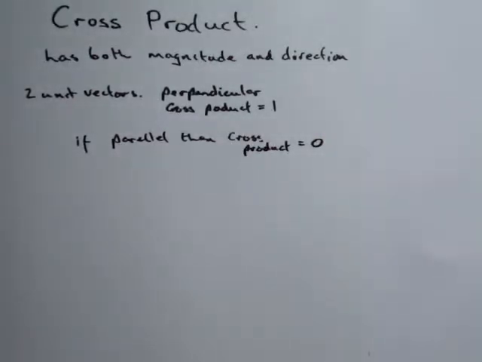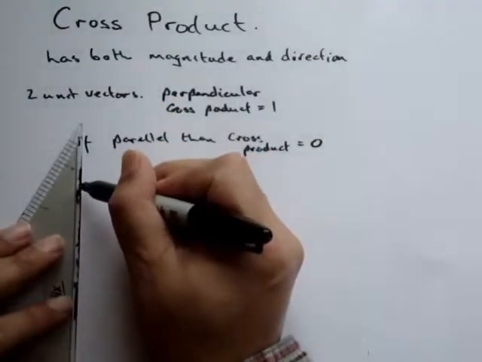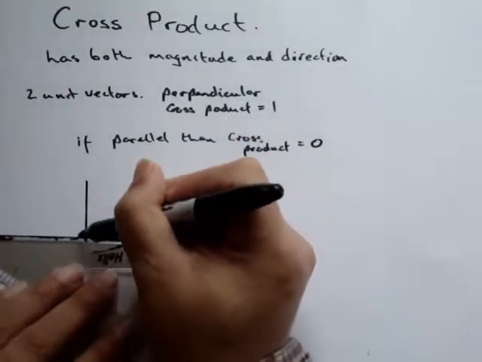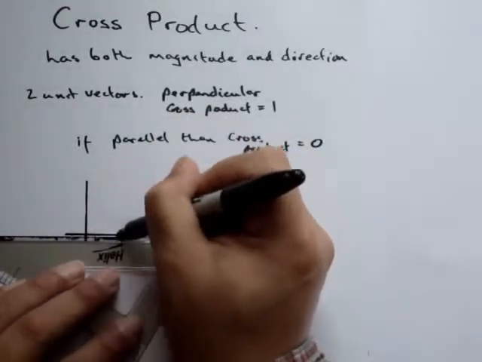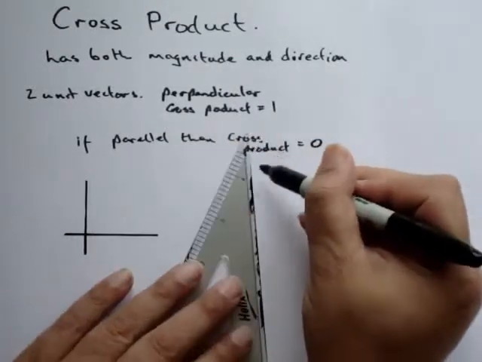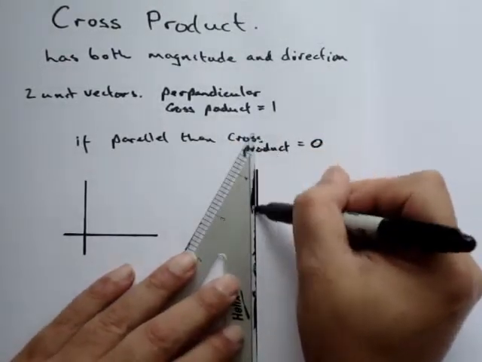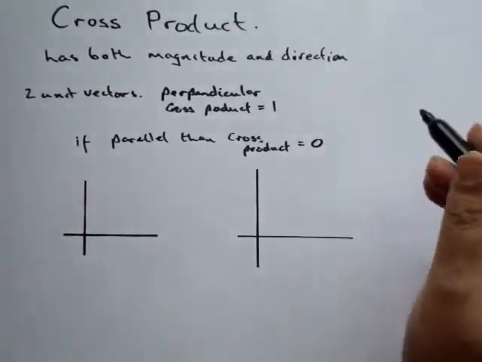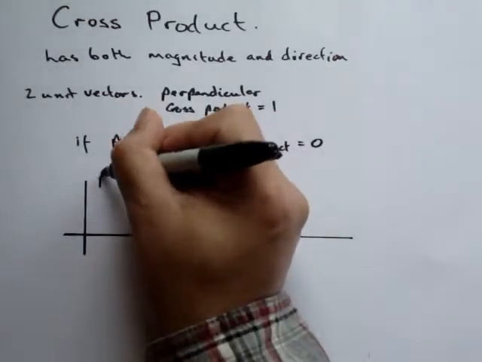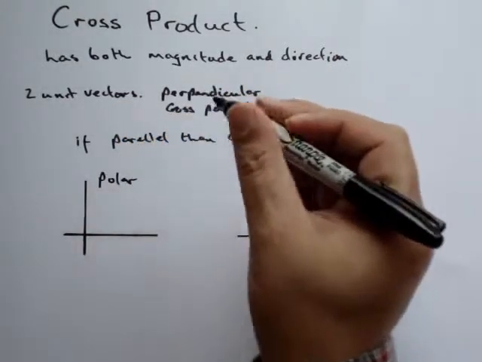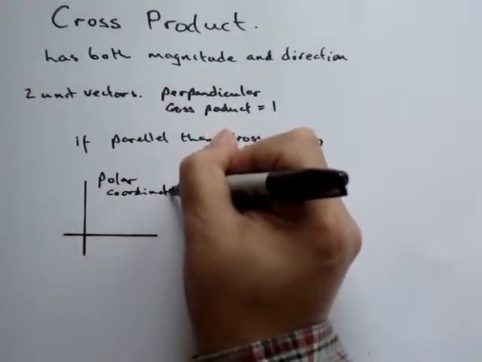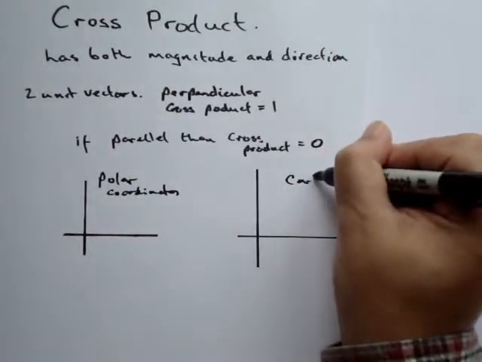Let's have a discussion about magnitude and direction. When we're talking about polar coordinates and comparing it to our Cartesian coordinates, so this is polar coordinates and this is Cartesian.